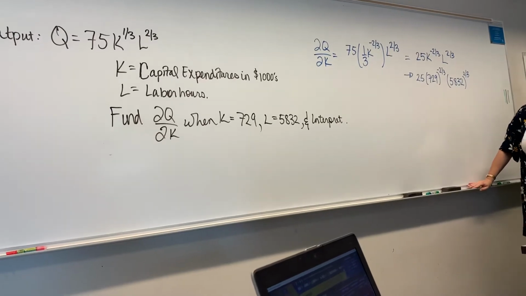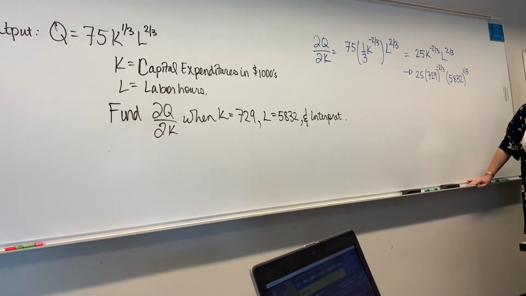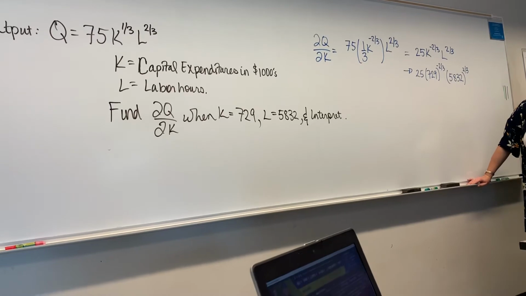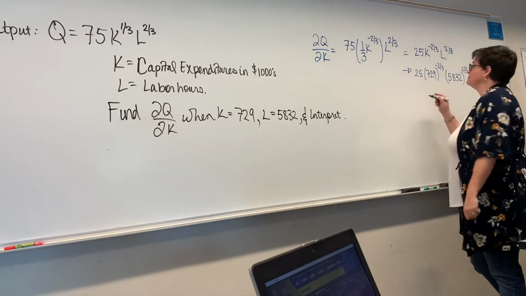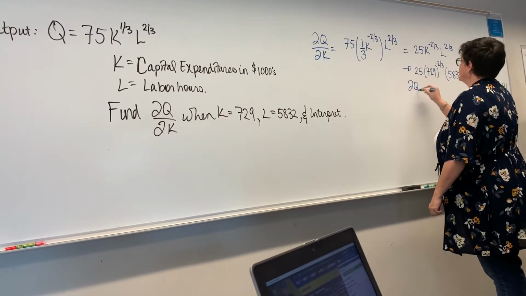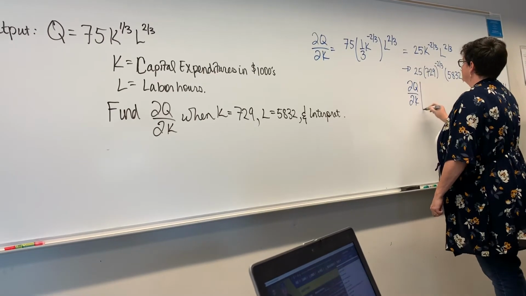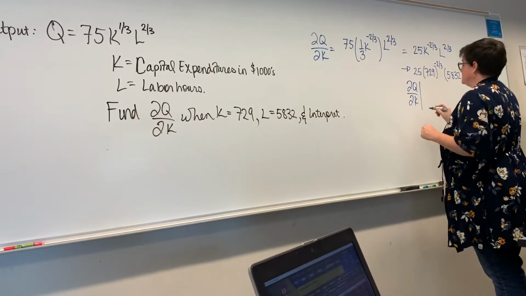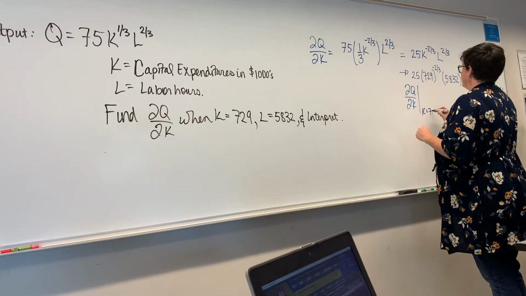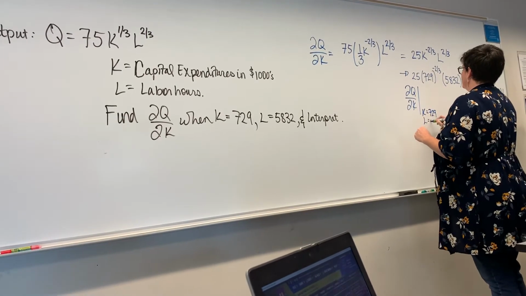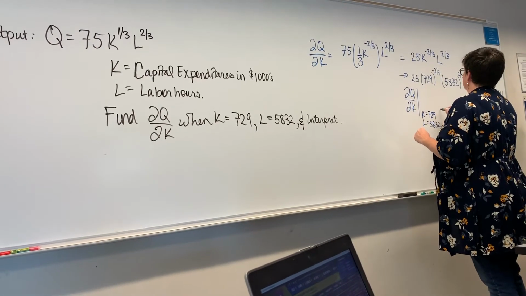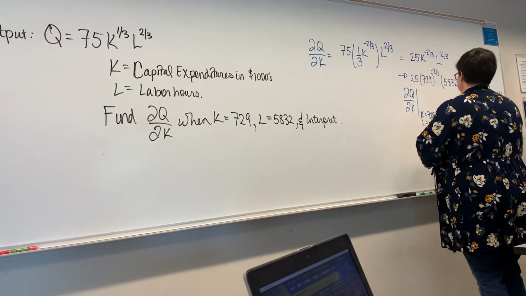And what does that give us, guys? 100. So the partial of Q with respect to K at K equals 729 and L equals 5832 equals 100.